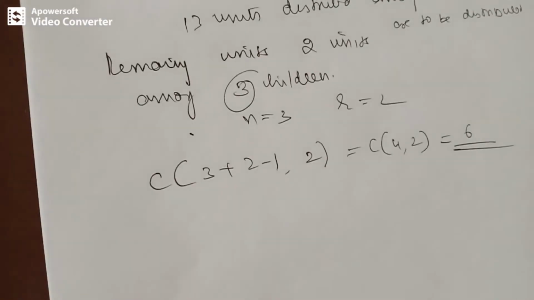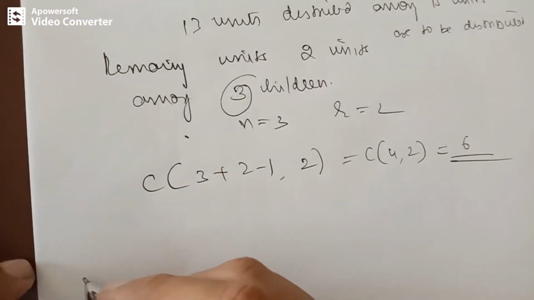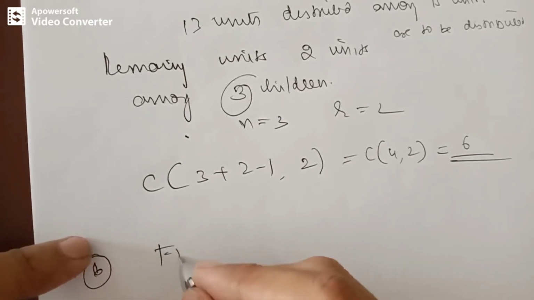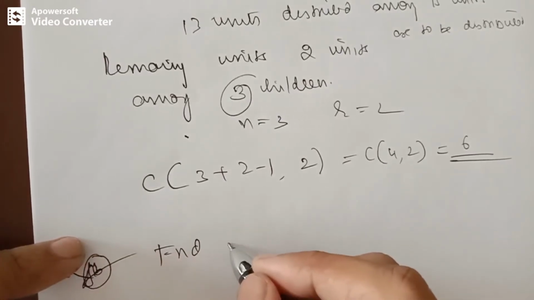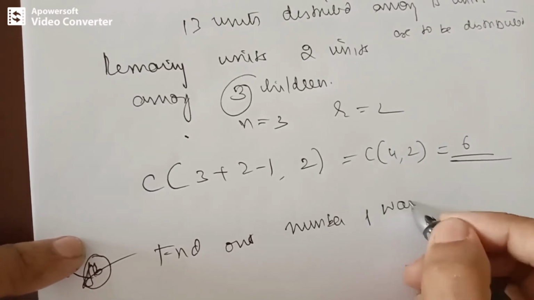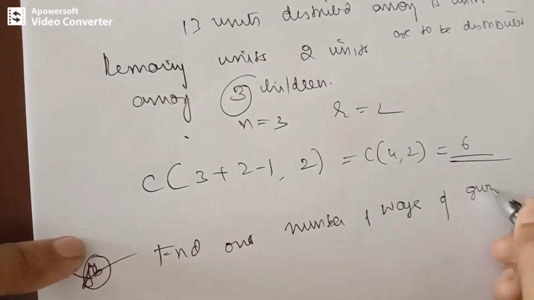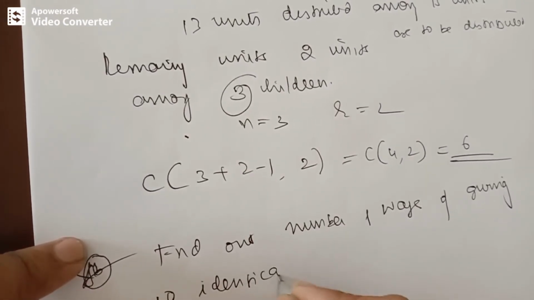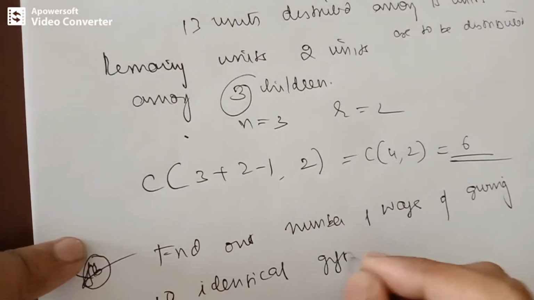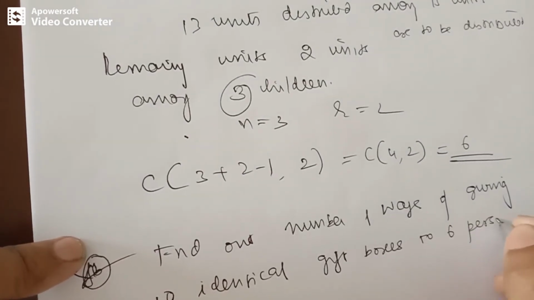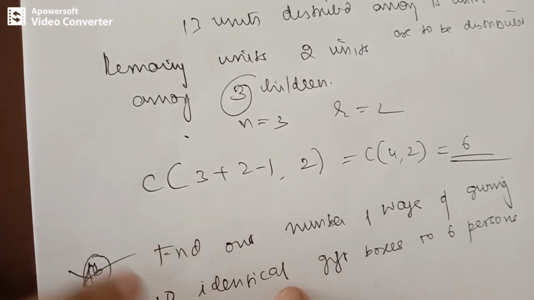The question is, you are supposed to find out the number of ways of giving 10 identical gift boxes to 6 persons A, B, C. That is 10 identical boxes.